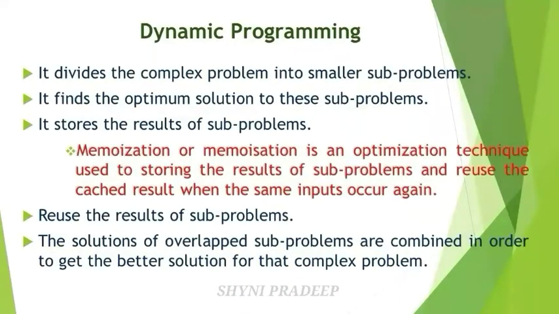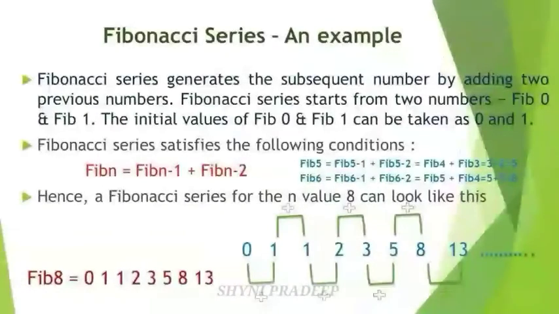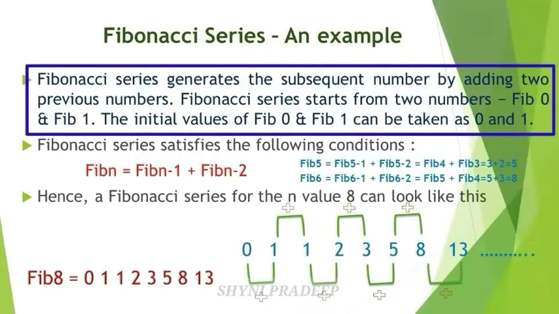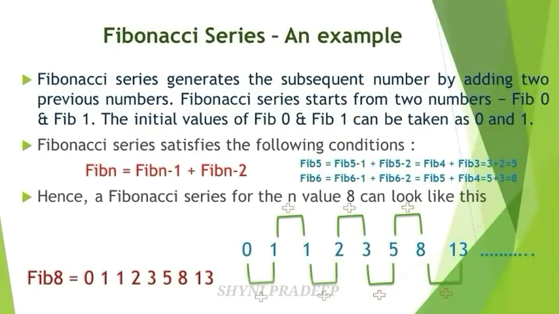Let us see one example for dynamic programming, that is the Fibonacci series. What do you mean by Fibonacci series? The Fibonacci series generates the subsequent number by adding the two previous numbers. Let us take the initial values 0 and 1.